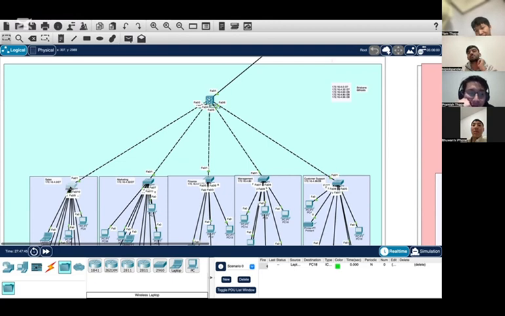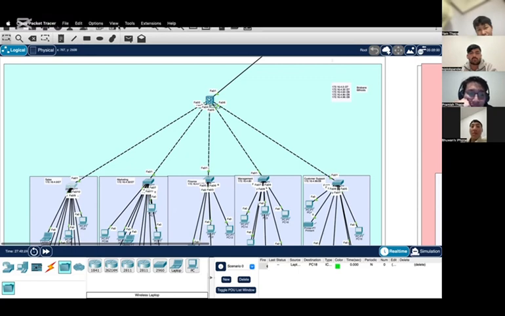This is our final design, and as our friend has explained all of it, this design also uses VLSM, variable length subnet mask, because according to the assignment we want to preserve IP addresses.